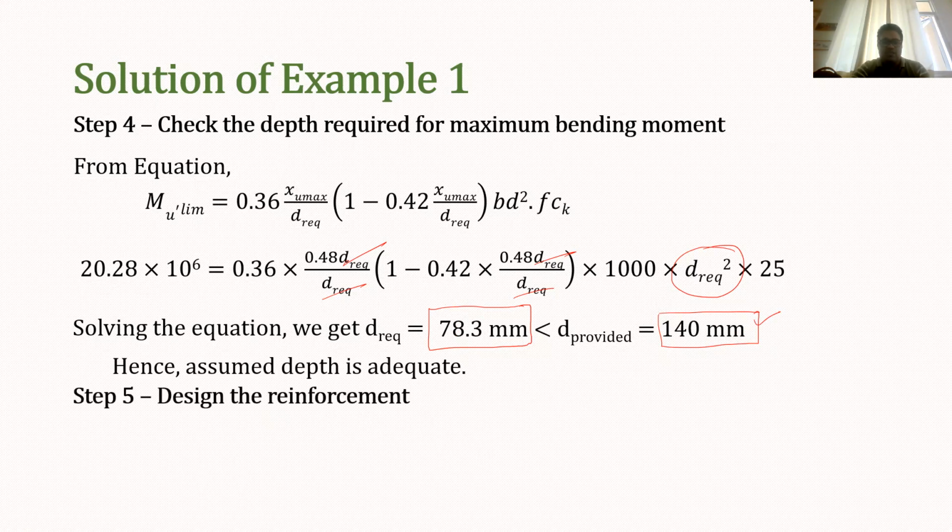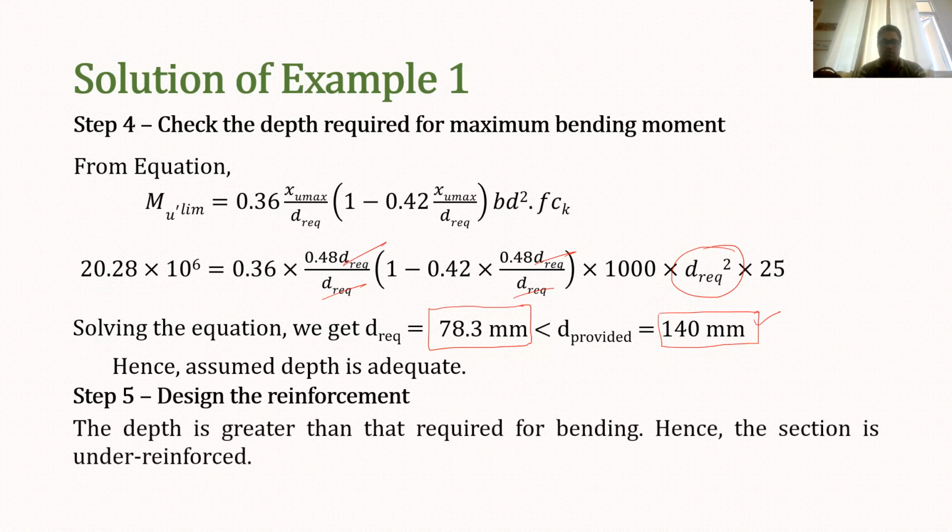Now we will move to the next step, which is to design the reinforcement. Here we will design reinforcement along the shorter span, along the longer span, and the distribution reinforcement. From step 4, it is confirmed that the depth we have provided is more than required. Therefore our section will automatically be an under reinforced section.